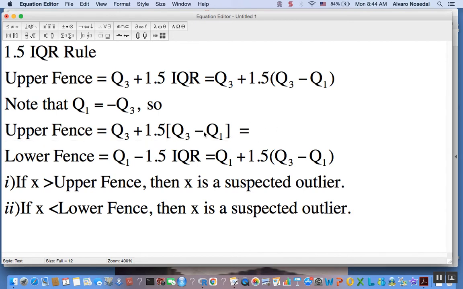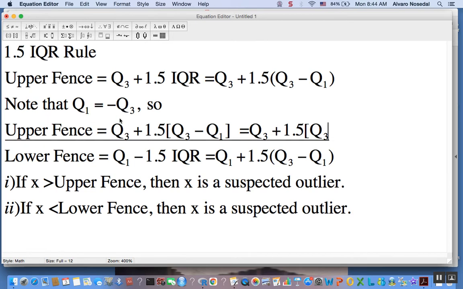But then what we have here is Q3 plus 1.5 times Q3 minus negative Q3, right?